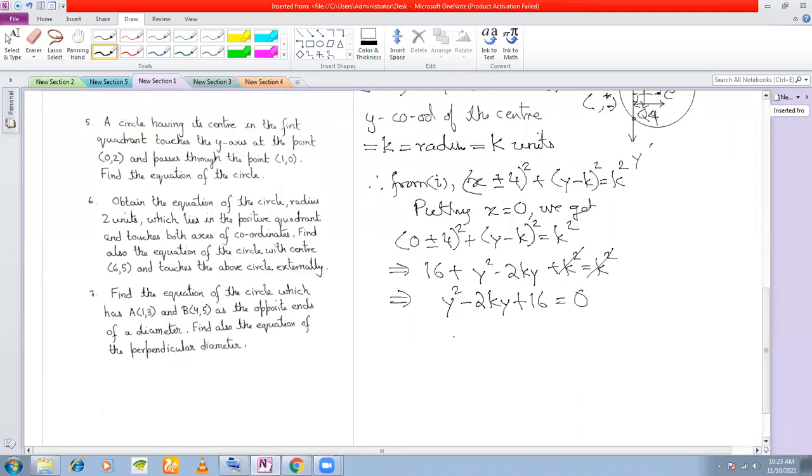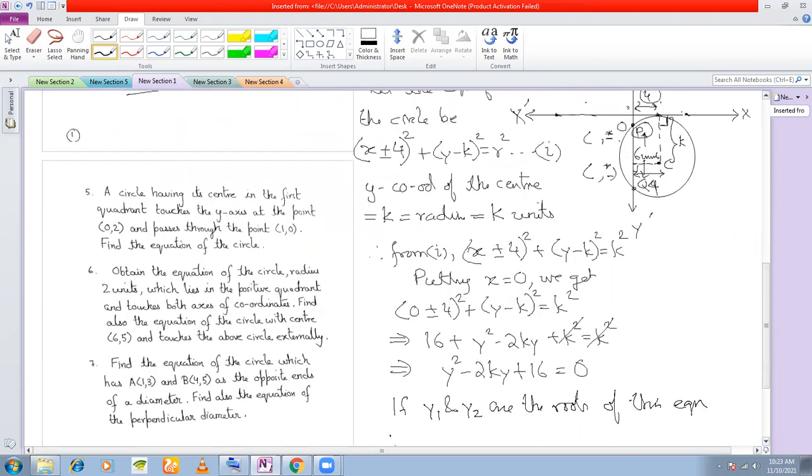Therefore, if y1 and y2 are the roots of this equation, then this will become your y1 and this will become your y2, isn't it?